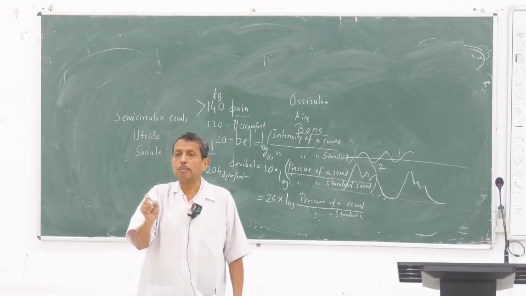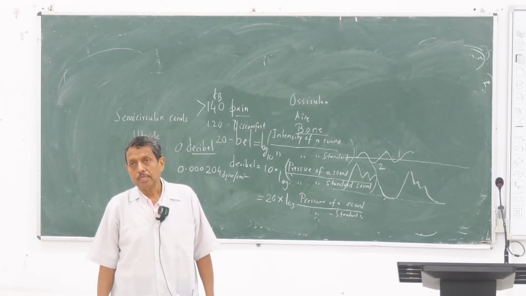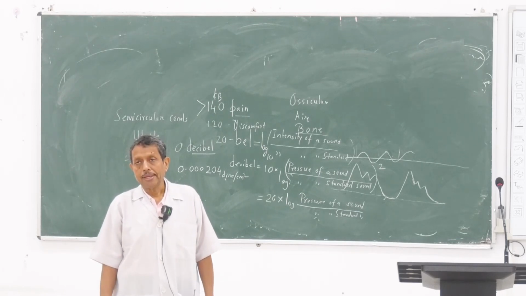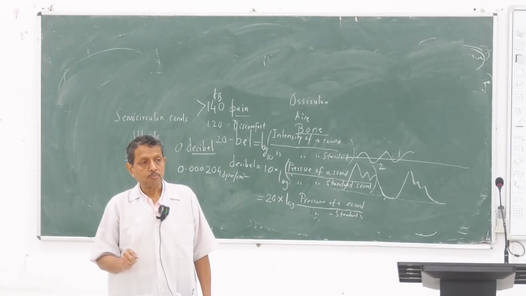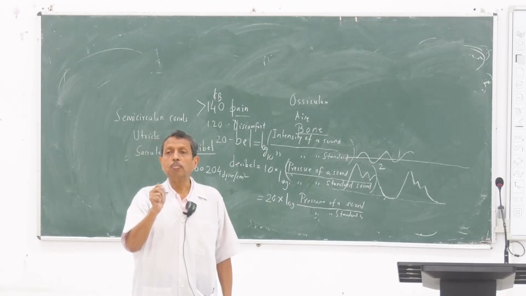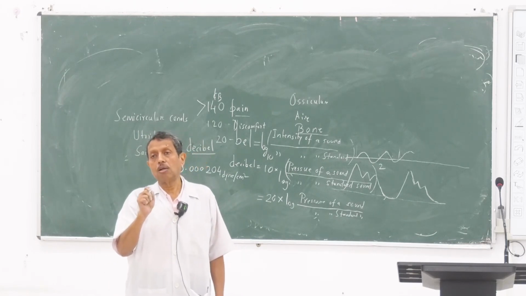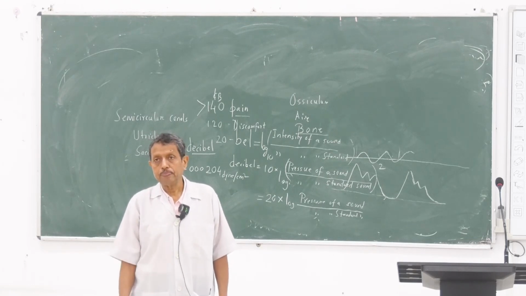Malleus, incus and stapes are attached to each other. The head of the malleus is attached to the incus, and the incus is attached to the head of the stapes. There is a rocking movement at the junction between the short process and long process of the malleus, and it is transmitted.